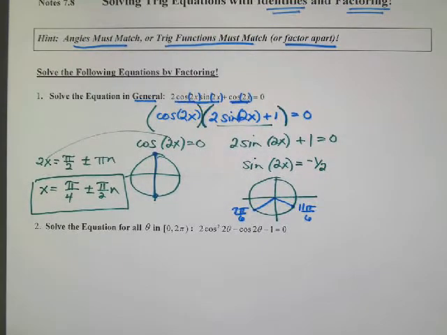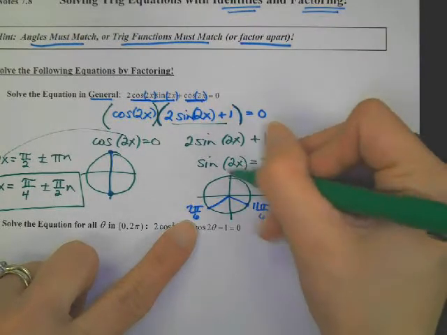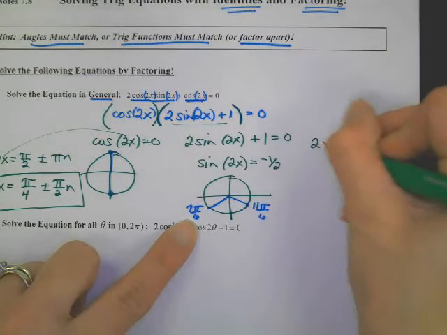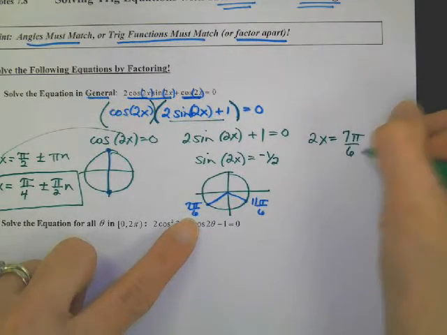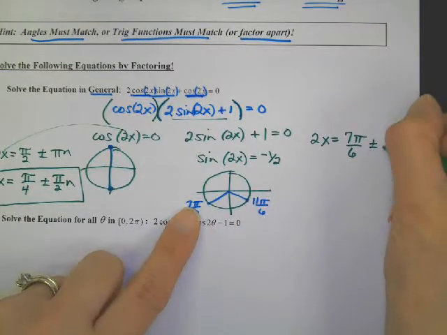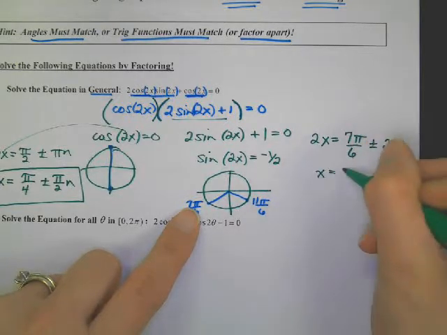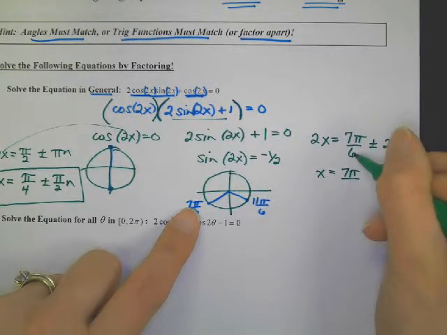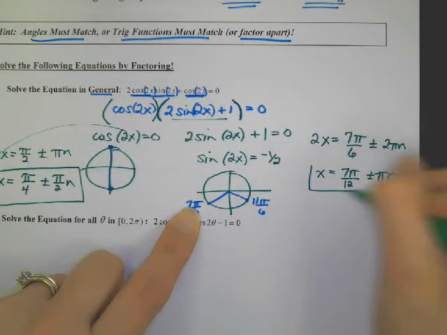Okay, I think we're going to have to write these equations as 2 separate ones. So let's do the 7 pi over 6 first. The name of the angle here is 2x. So 2x is at 7 pi over 6 plus or minus, we'll have to travel a full circle, 2 pi n. Let's divide all of them by 2. So x equals 7 pi over 12 plus or minus pi n.